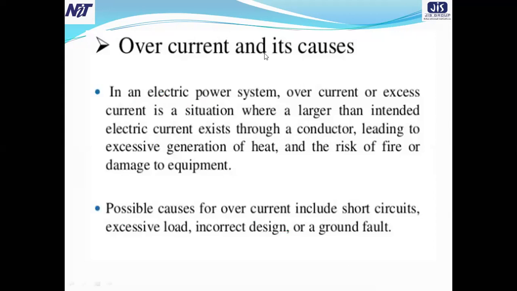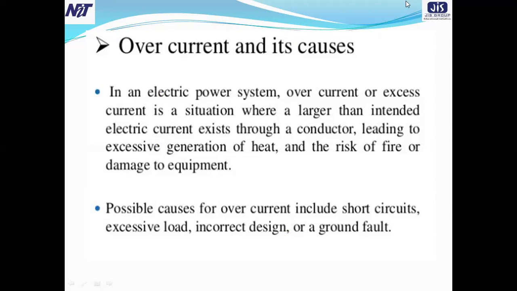First, let me talk about overcurrent and its causes. You know that the electrical power system is a complex system. From the generating station to the consumer end, the whole system is called the power system. In this electrical power system, another name for overcurrent is excess current.